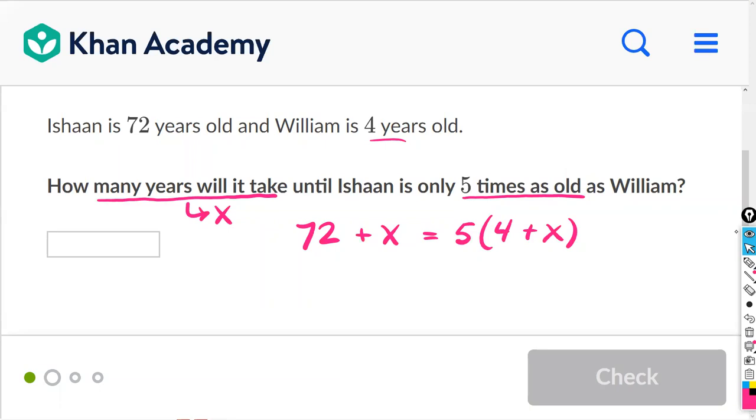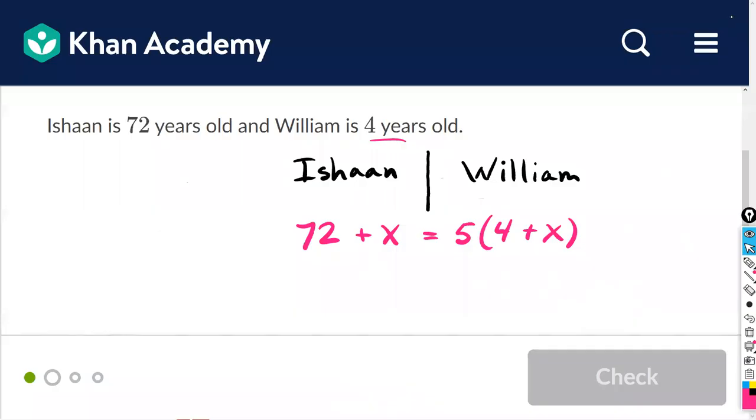So basically the left side of the equation is Ishaan's age in X number of years. And the right side of the equation is William's age in X number of years.